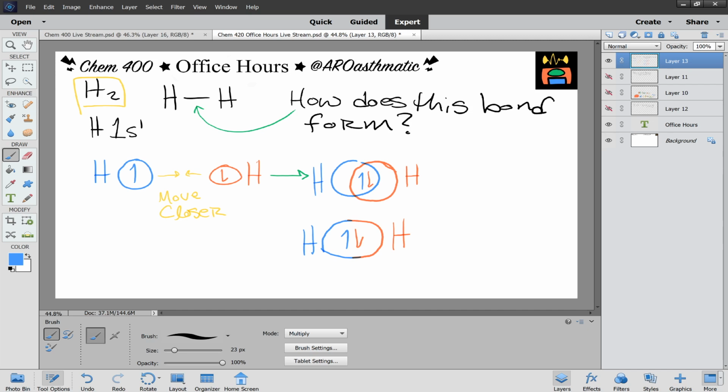Are you with me so far? All we've done is we've moved our 1s orbitals to be overlapping, to be occupying the same space, so that both electrons are in the salmon 1s orbital and the blue 1s orbital simultaneously.